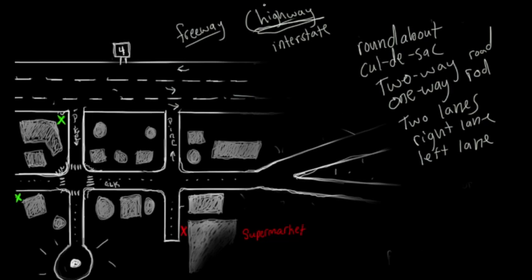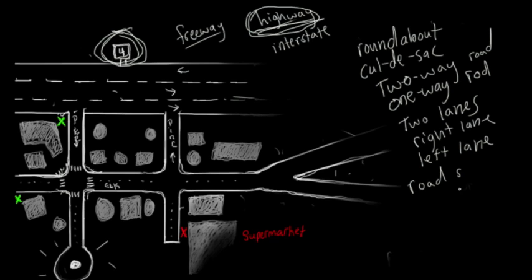Now, maybe this highway, if we're going to call it a highway, is called Highway 4. If this is Highway 4, what tells us it's Highway 4 is this square beside the road. This is called a road sign. And it is a sign beside the road that tells you a lot of information. What highway you're on, what streets maybe come from the highway or go onto the highway, what areas are near the highway, what places to eat are near the highway.